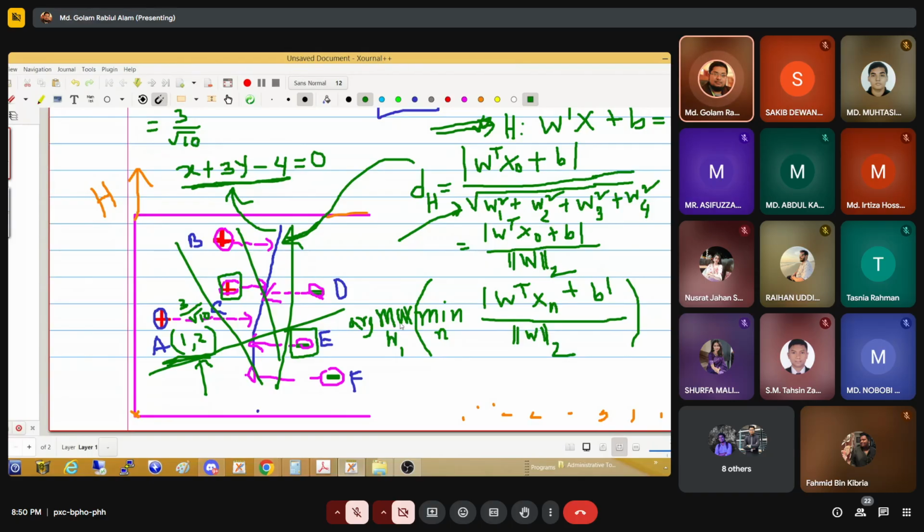Maximization will provide us the maximum margin, but the minimization will provide us the support vectors. So we want to find the support vectors that will maximize the margin. For that, this will be our equation.